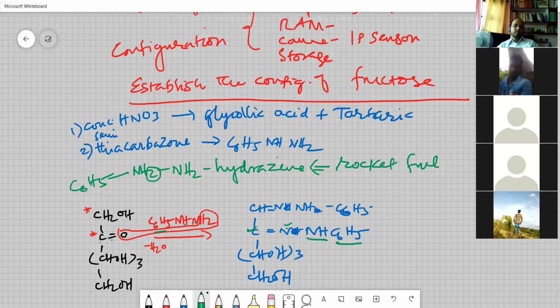The same thing is happening with this one also. This is two molecules. You have CH2, this hydrogen and this oxygen go, and then you have CHN, NH, C6H5. Same thing, you just have to remove one more hydrogen. When you write the reaction, you'll understand it.